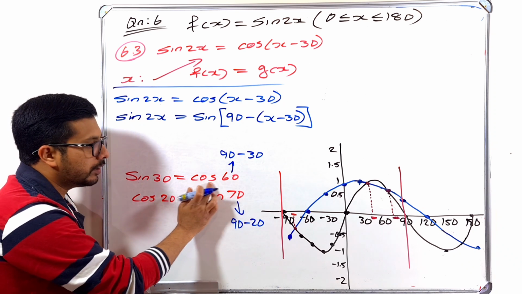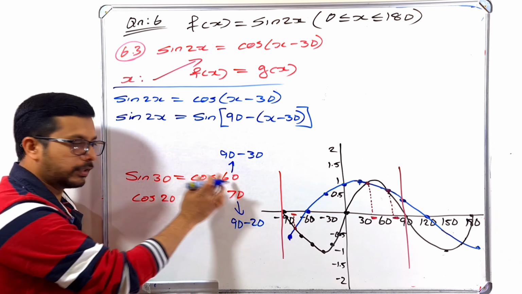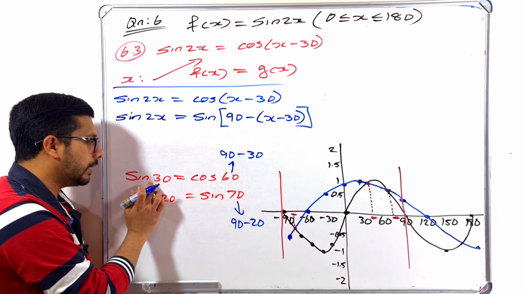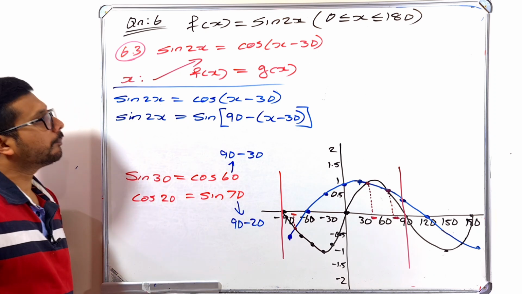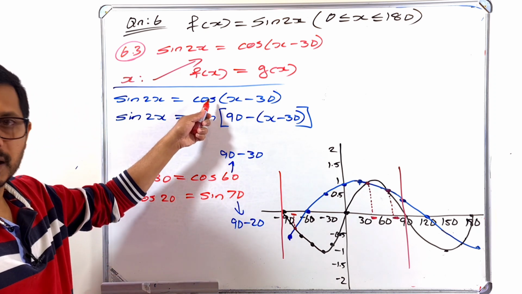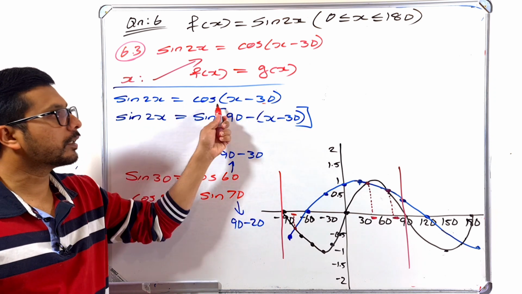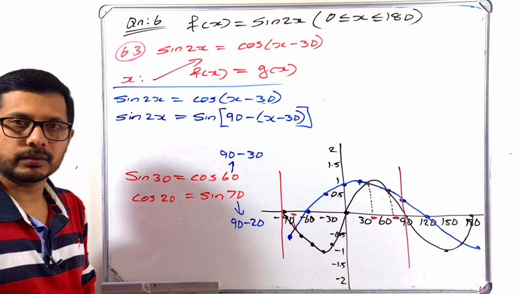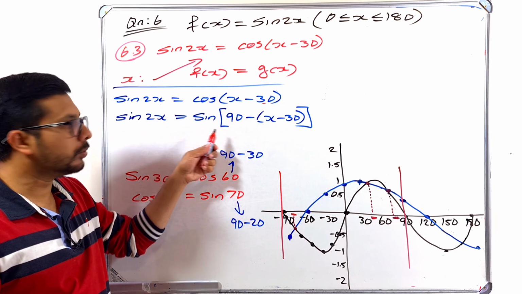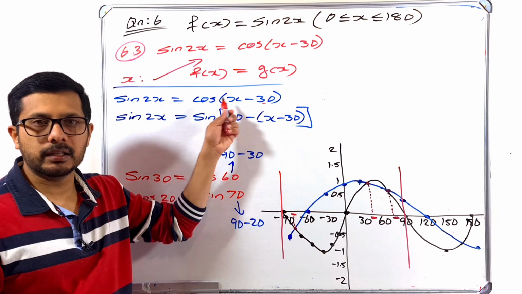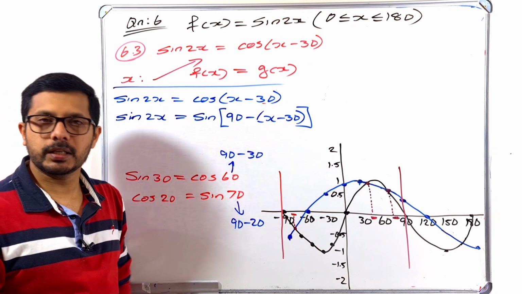How do I get this cos of 60? Cos of 90 minus this angle. You understand? Similarly, if I want to write this cos as sine, the angle here is x minus 30. So what must I do? 90 minus that angle. Here the angle is x minus 30.